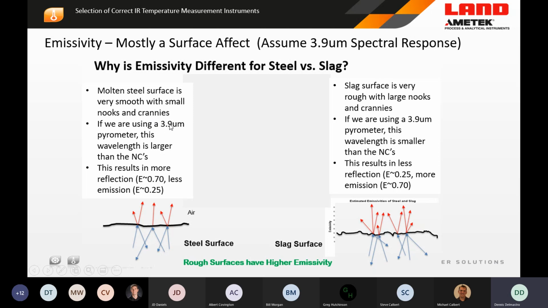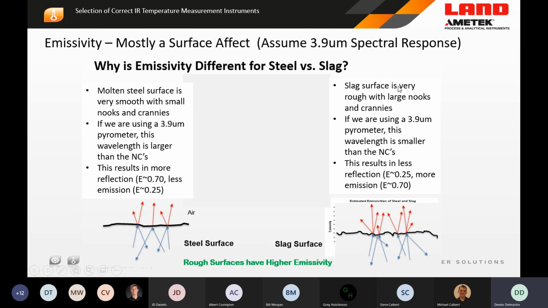If we're using a 3.9 micron pyrometer, this wavelength is a lot larger than the little tiny nooks and crannies. So it's a reflection issue, but you will have more reflection since the wavelength is bigger than the nooks and crannies off of a smooth surface, and you will have less emission. So the emissivity of molten metals is very low versus the reflection is very high.